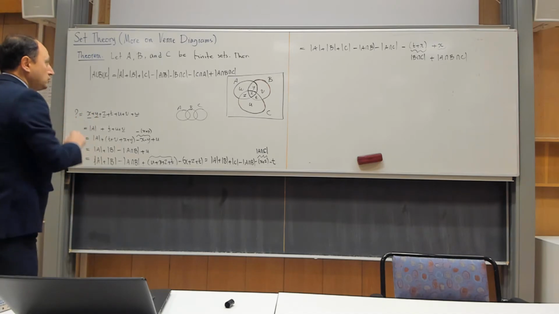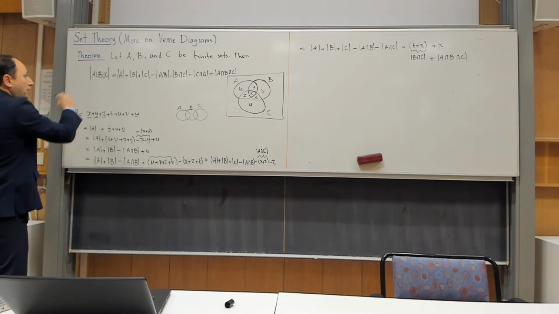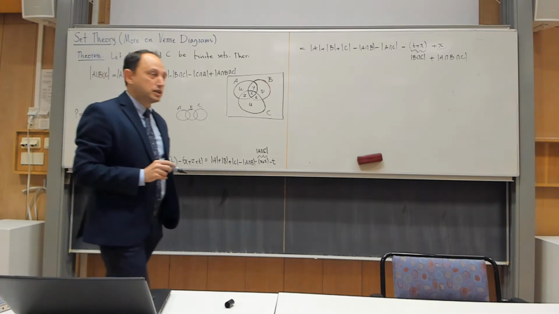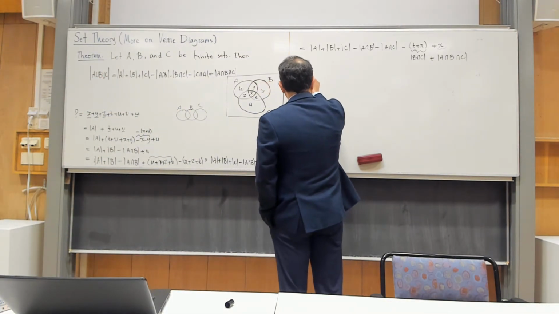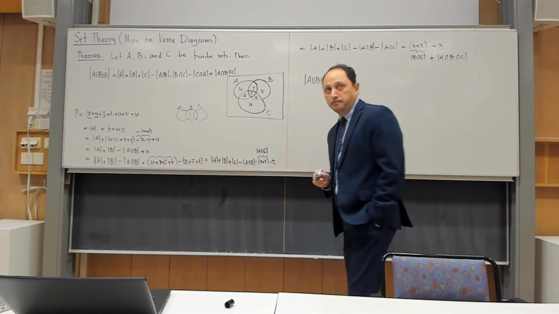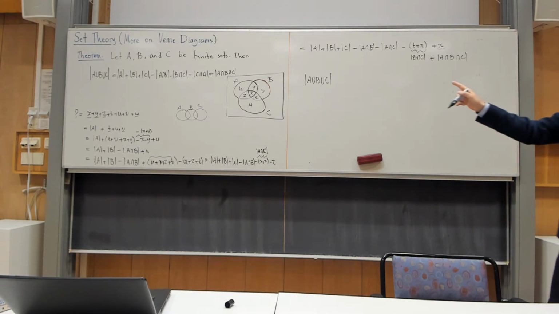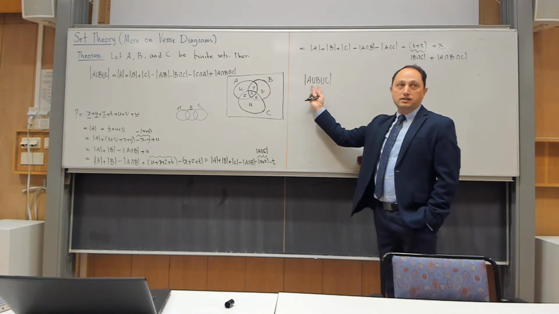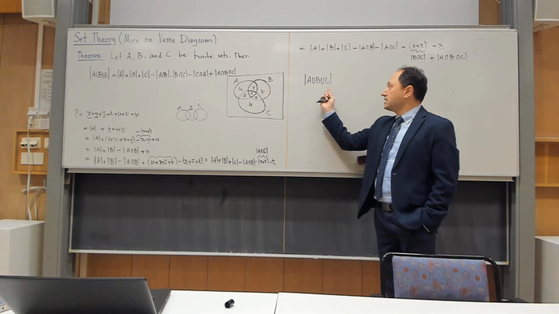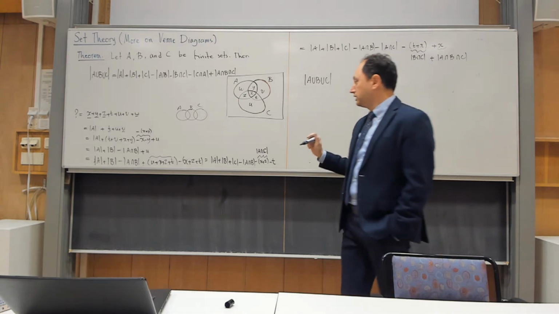But let me just do it as an exercise rigorously, but I think you should be able to do it. If I want to do that, what is your suggestion? So I want to find a formula for A union B union C. What I have right now is the formula for the union of 2 sets, but I want to say something about the cardinality of the union of 3 sets.